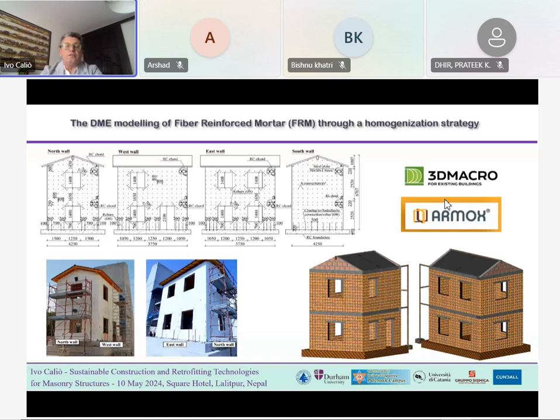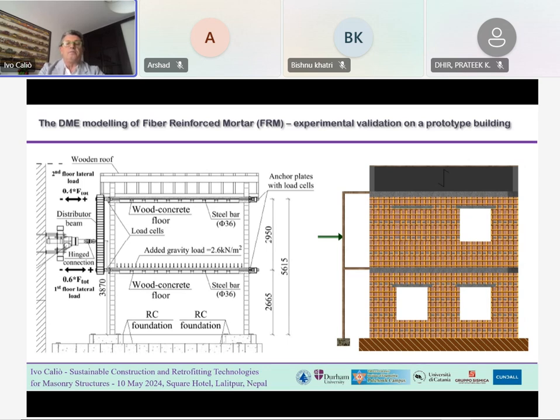And these structures have been tested experimentally. So we introduced the theoretical modeling according to a homogenization approach for this kind of retrofitting and compared the results of the experimental test using the software 3D Macro according to different solutions.